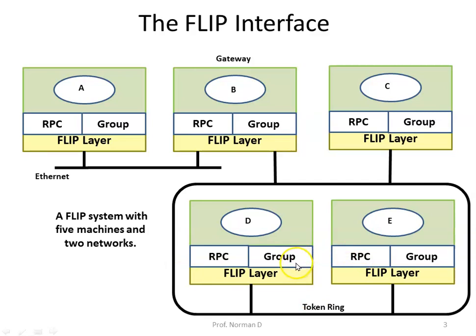Each machine has one user process, that is A, B, C, D and E. One of the machines is connected to both the networks and as such functions automatically as a gateway. So this one is on Ethernet and also on the token ring, so it works as a gateway. A gateway may also run clients and servers just like any other node.